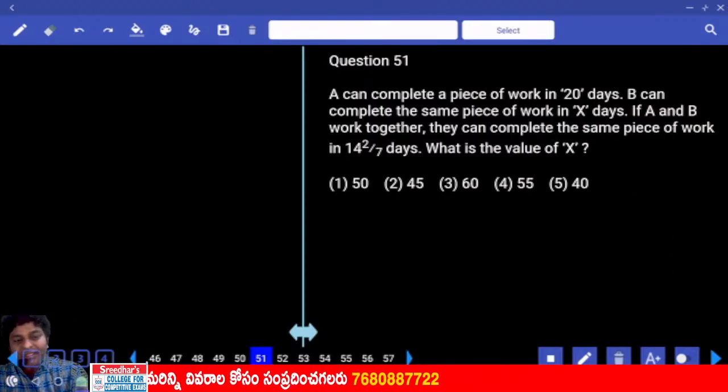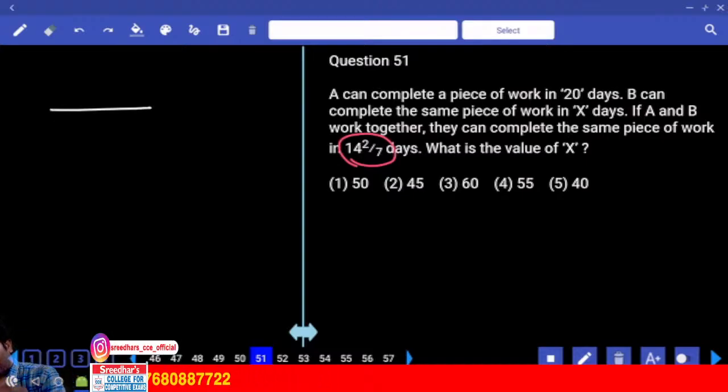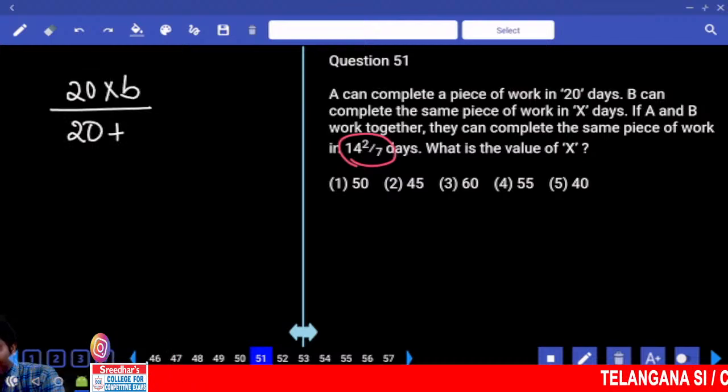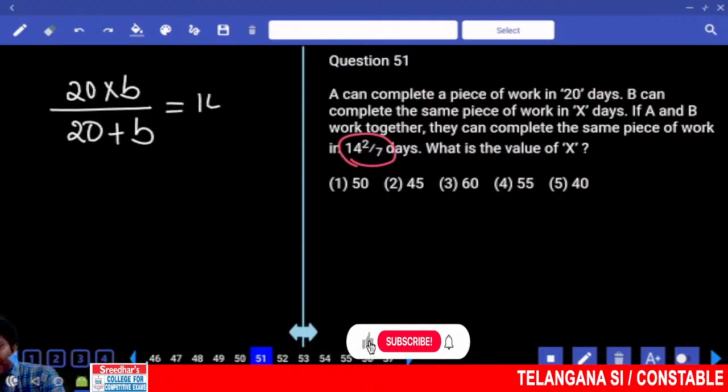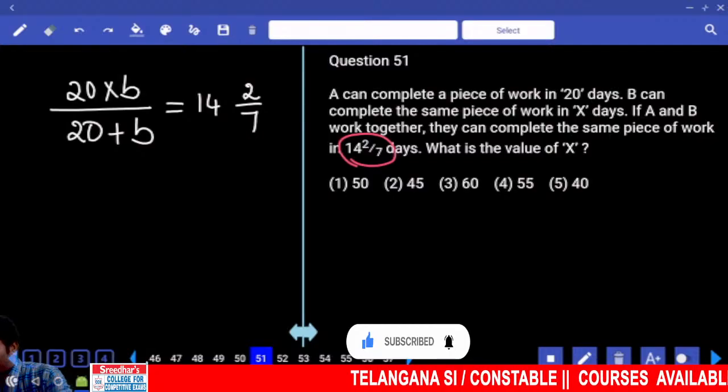Together they can do it in how many days? You know the A value. So numerator 20 into B, denominator 20 plus B, will be equal to 14 2 by 7. Correct? If you solve it, you will get the answer.